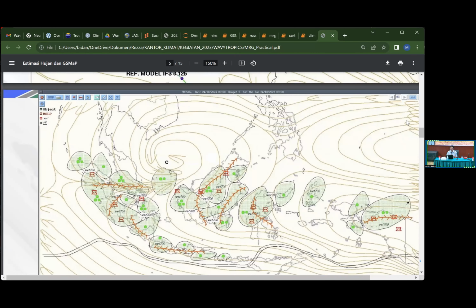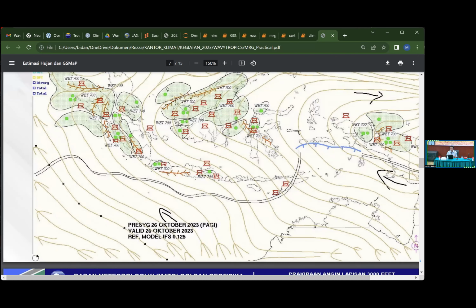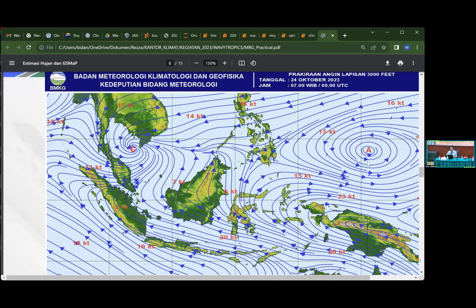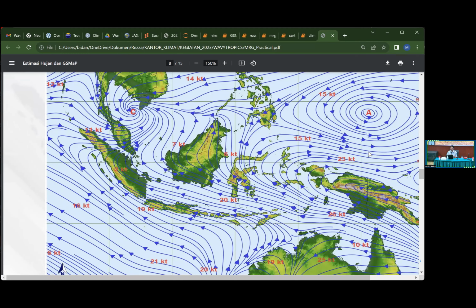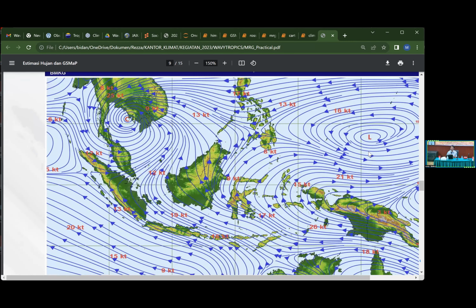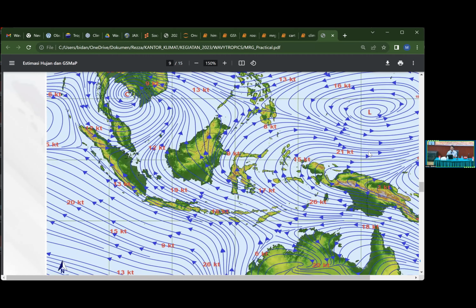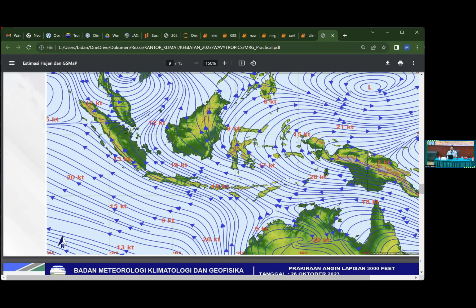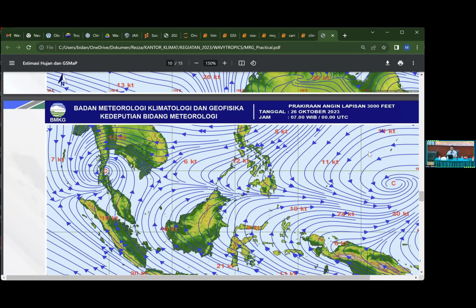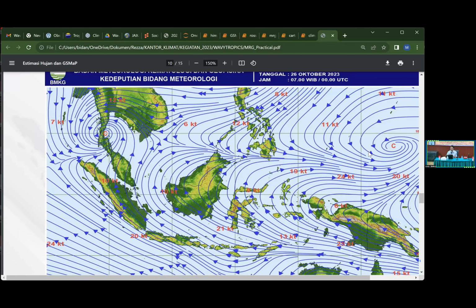Also the streamline from the forecaster on duty. I confirmed this with Vivi this morning. So this should be cyclonic circulation, because it is counterclockwise, and the next day it becomes a low, and it also exists until two days later.